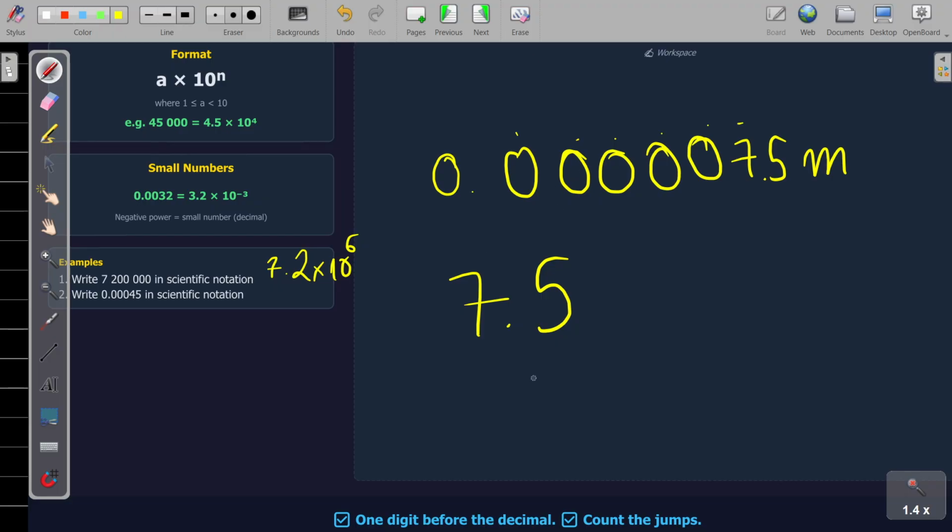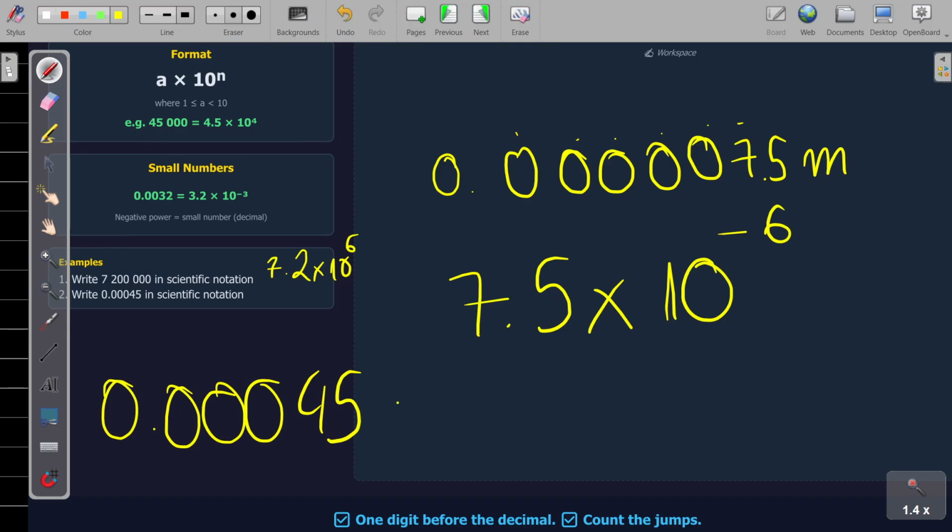Because the original number was microscopic, very small, we use a negative power, so -6. We write 7.5 times 10 to the power of -6. This ties directly into our last video, where we talked about how a negative power means dividing by 10 six times.